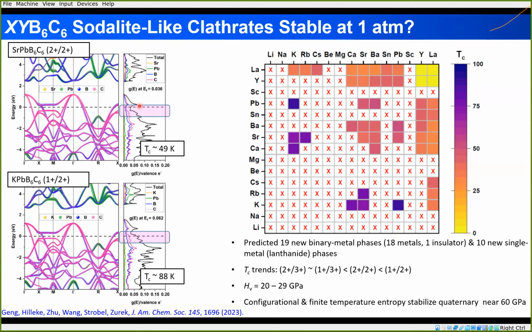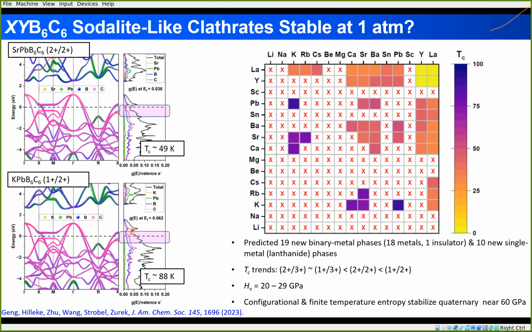And one can figure out that by varying the types of atom that you have in the metal atom identity and its oxidation state, you can hit different types of peaks in the densities of states.